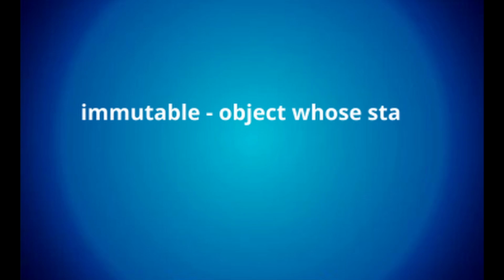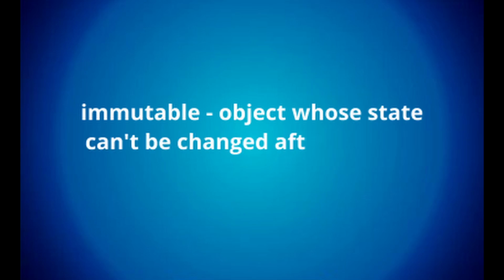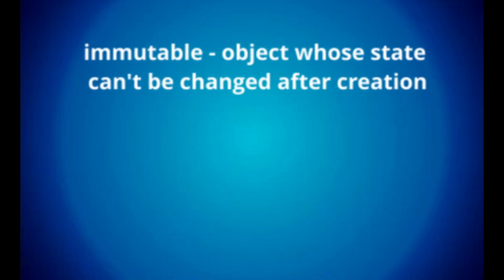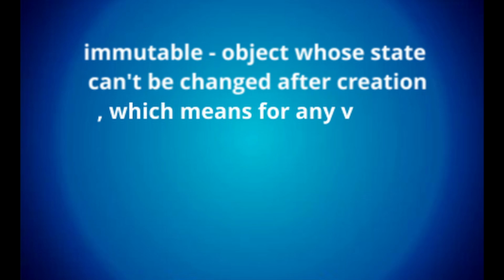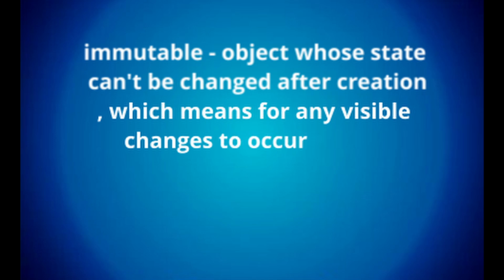Immutability means that any changes caused by, let's say, methods would only be seen if the original object, the original value, is scrapped and replaced. So in our example before, we had BigInteger val equals new BigInteger 2, where we assigned the 2 to val.